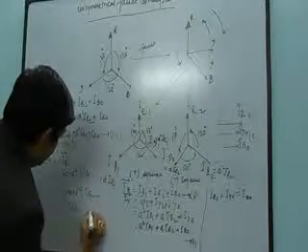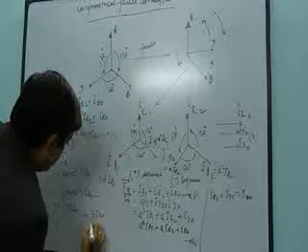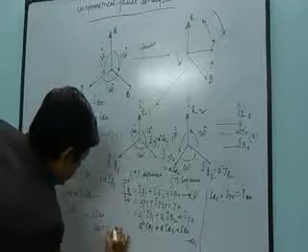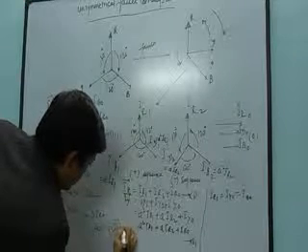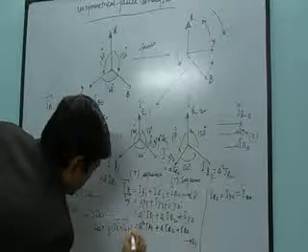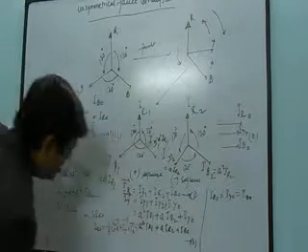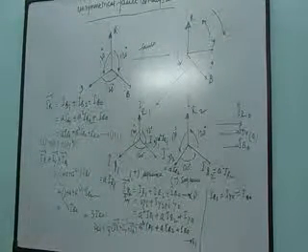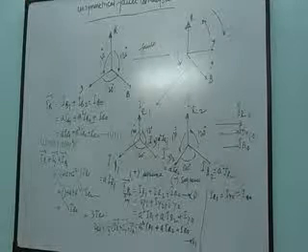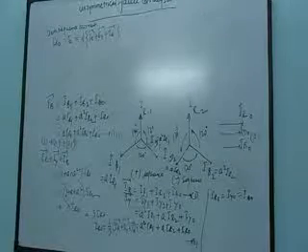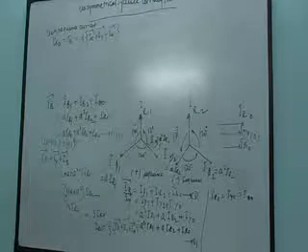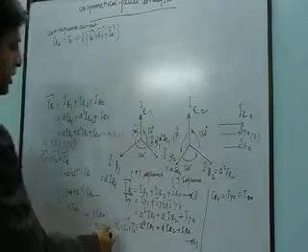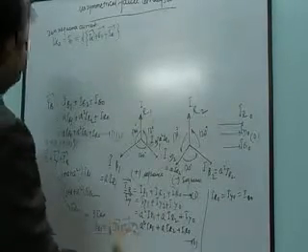It is equal to 3 IR0. Now IR0 is equal to 1/3 of IR plus IY plus IB.